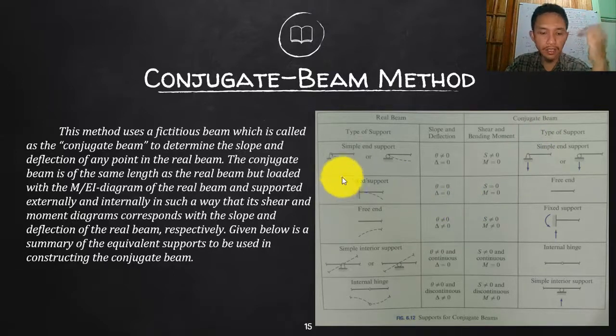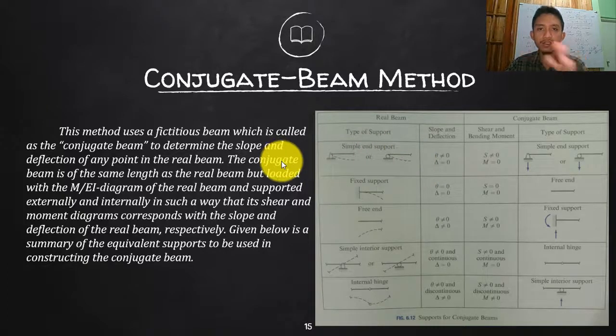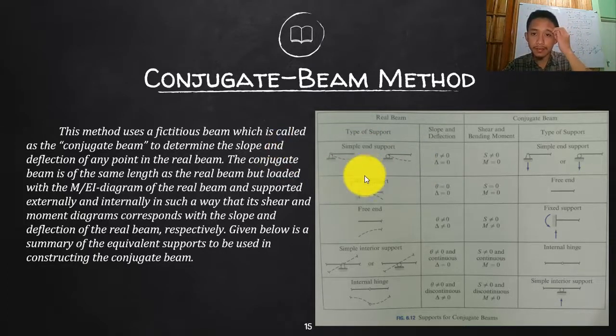Just a recall again: if you have external, so these are end supports, simple end, it could be a hinge or a roller at your end or external supports. That will be the same in your conjugate beam. And if you have a fixed support, externally, that will become free on your conjugate beam.